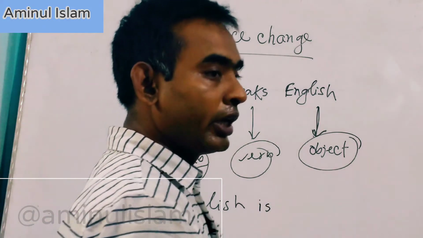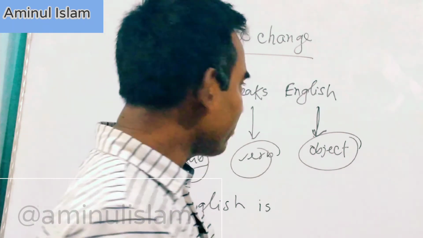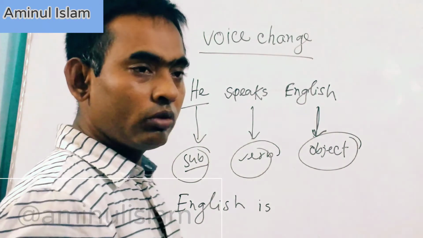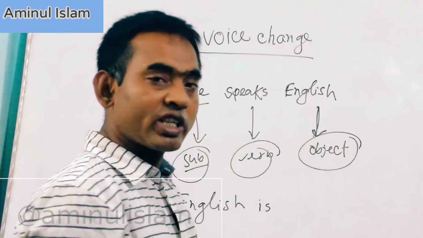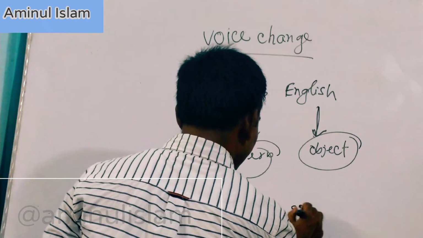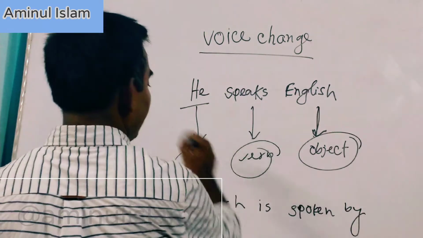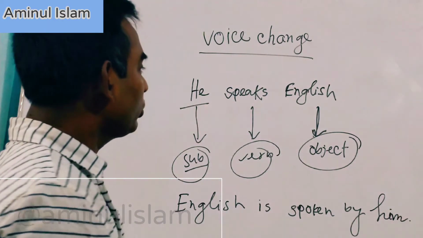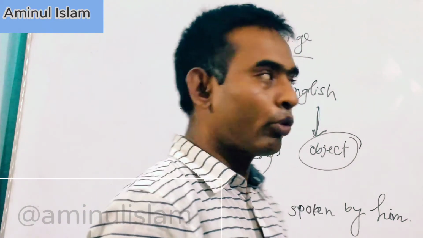And you must know the conjugation of verb: present, past and past participle. Without past participle, passive voice cannot be possible. English is spoken by him. You have to know the subjective form and objective form of a word.